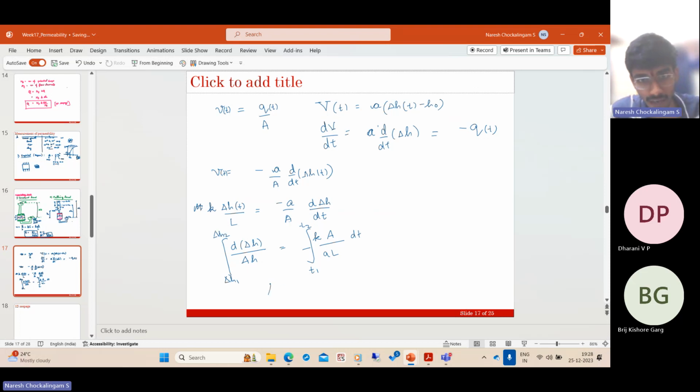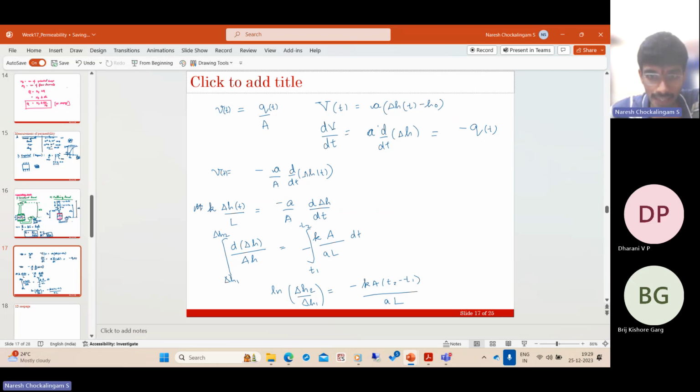So on the left hand side, you have a natural log. So this, let me put ln. So this is integral 1 by x. This is natural log of delta H2 by delta H1 is equal to minus K a (T2 minus T1) divided by A L. Now rearrange.